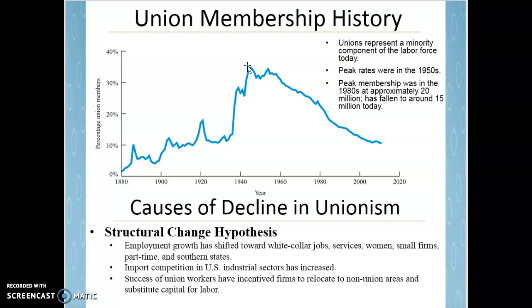It's probably the best stat to use, the percentage of the labor force. But the actual membership was highest in the 1980s at around 20 million. That's fallen ever since. The peak rates in the 1950s, though, have fallen precipitously to today, where we're around 9, 10, 11% of the labor force.